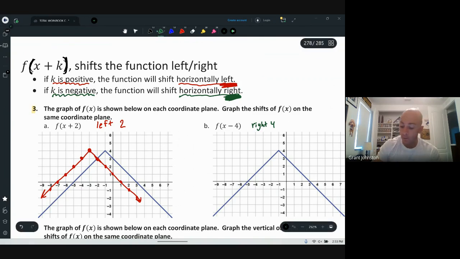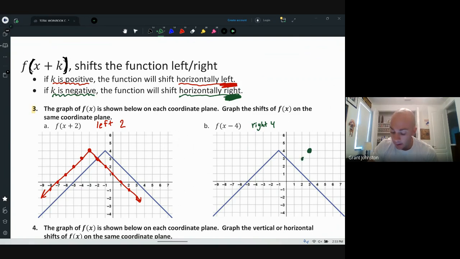Meanwhile, this one says right 4. So if I move this to the right 4, the vertex would be there. And it's still going to maintain this shape where the slope is going down 1 over 1. There you go. And it's been shifted right 4.